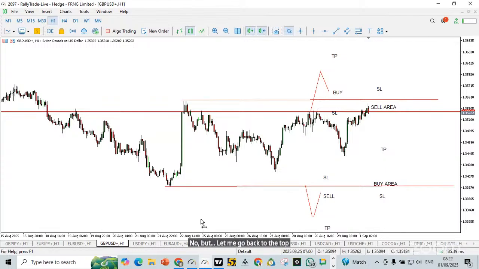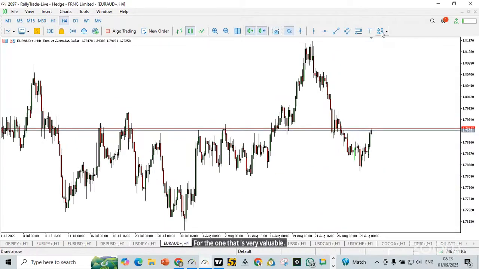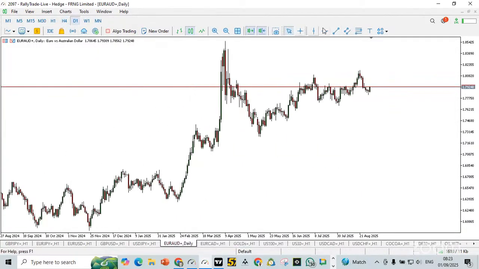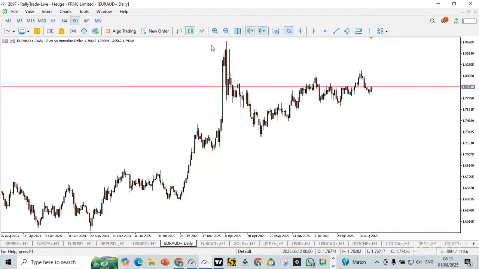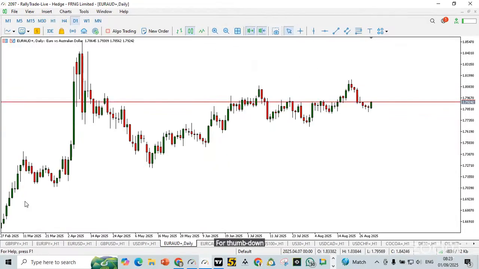If I go back to Euro USD, let me show us one that is very valuable at the moment for you to take positions on. So that chart is Euro AUD, short term top-down analysis on it. So Euro AUD is going in a fantastic uptrend. For the past few days, yes, there has been this higher low, and up to create a new higher high.